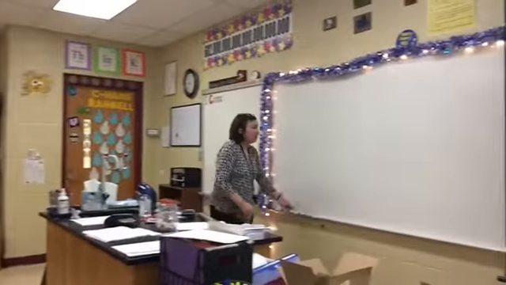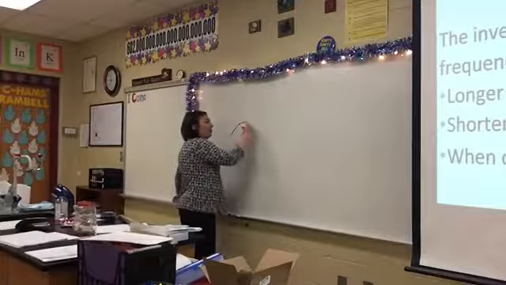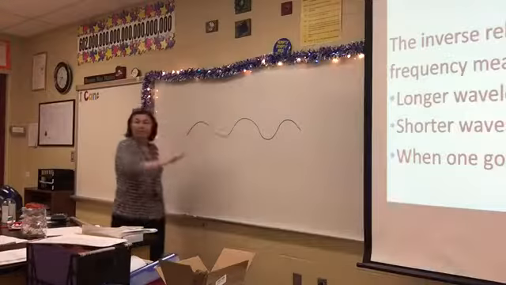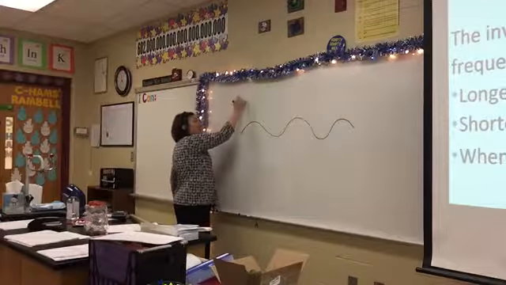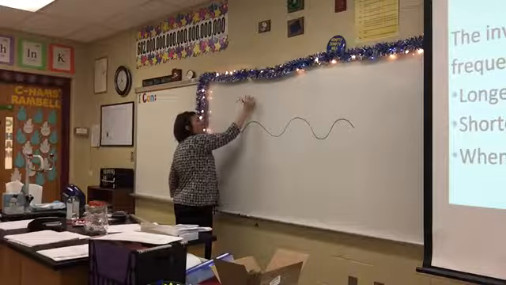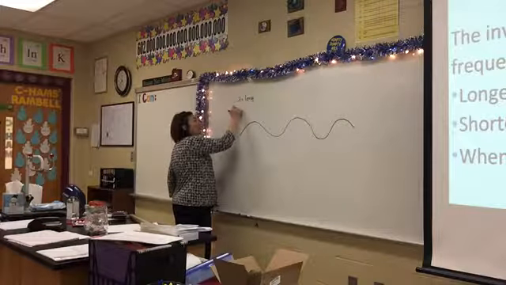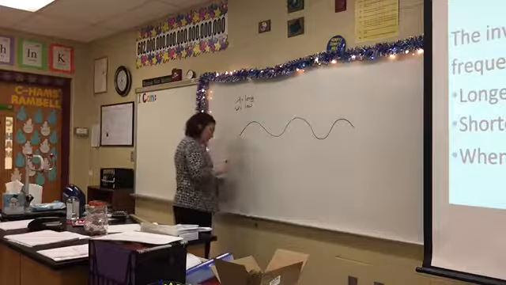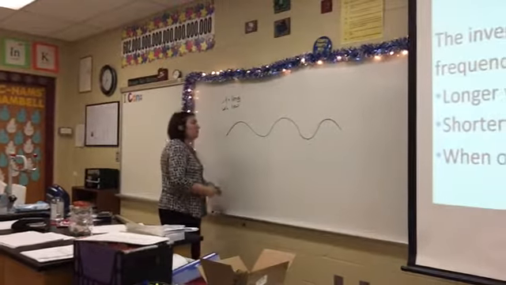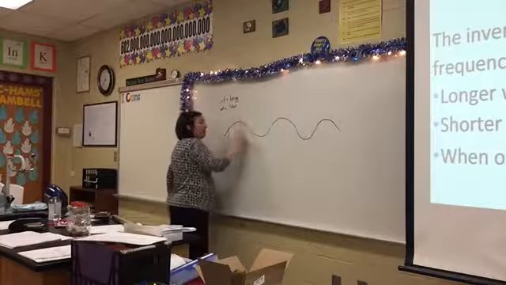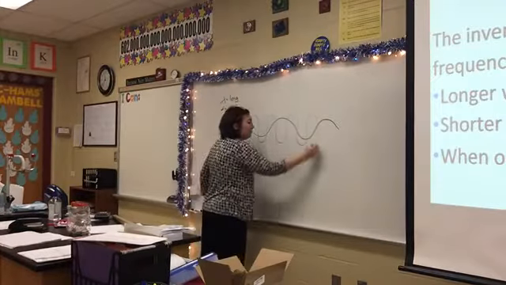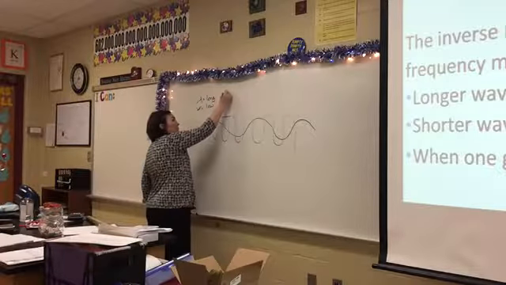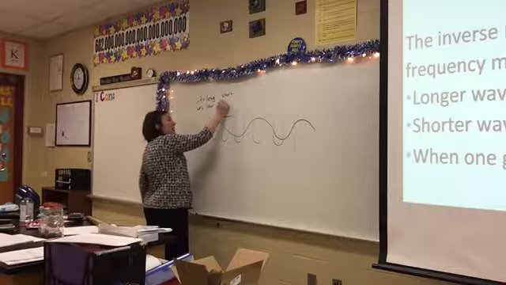It's because of this. So if I have a wave that looks like this, it's a nice long wave. The wavelength is long and the frequency is low. It's very low frequency. But if I have a frequency that looks like this, the wavelengths are very short, but the frequency is great.